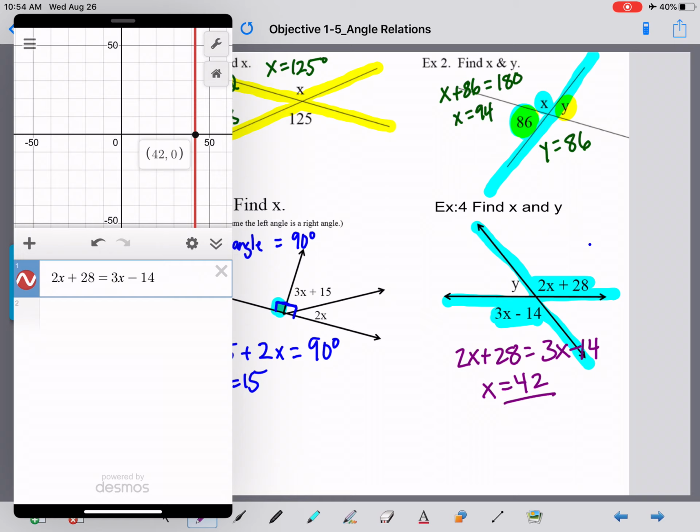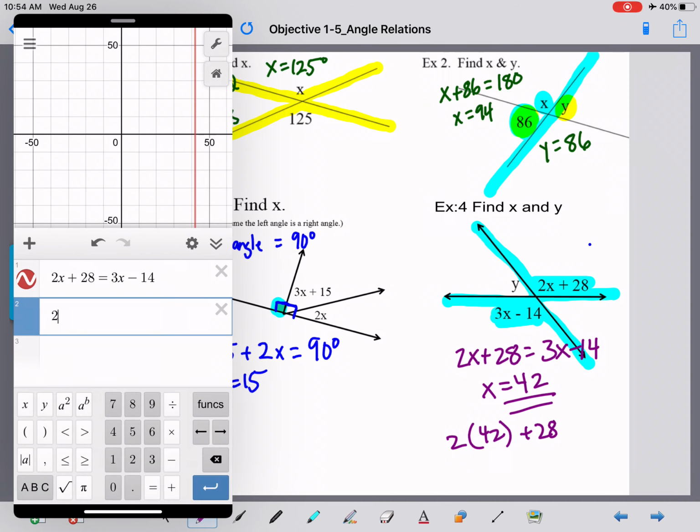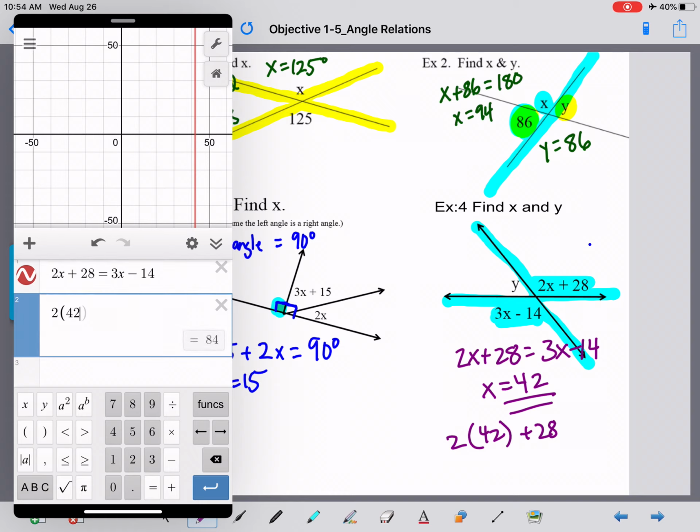Right, substitute. So it doesn't matter which angle you want to find because they're the same size. I'm just going to go with the 2 times 42 plus 28 because for whatever reason I feel like it's easier to multiply and add than to subtract something. So that angle is going to be 112.